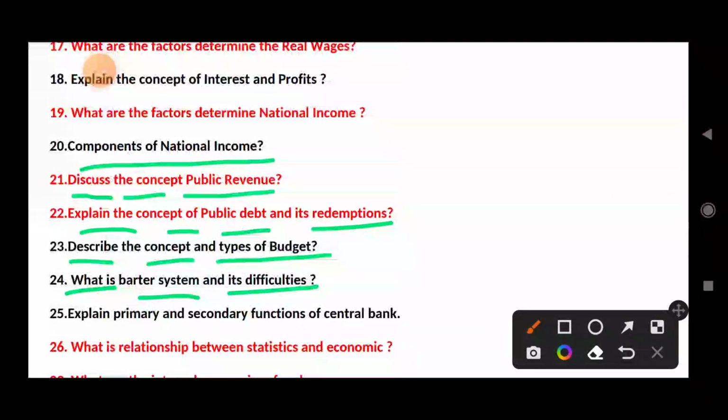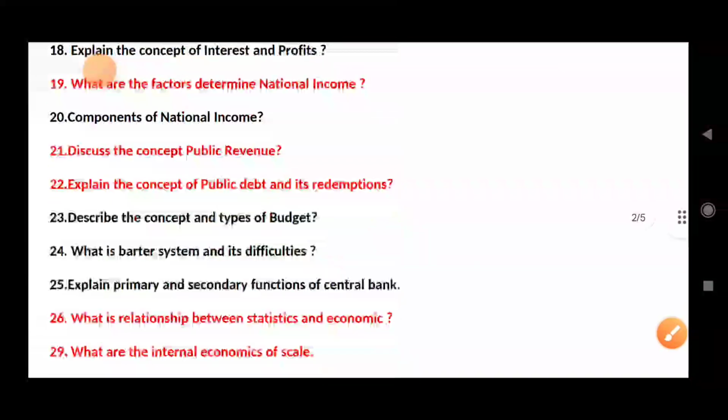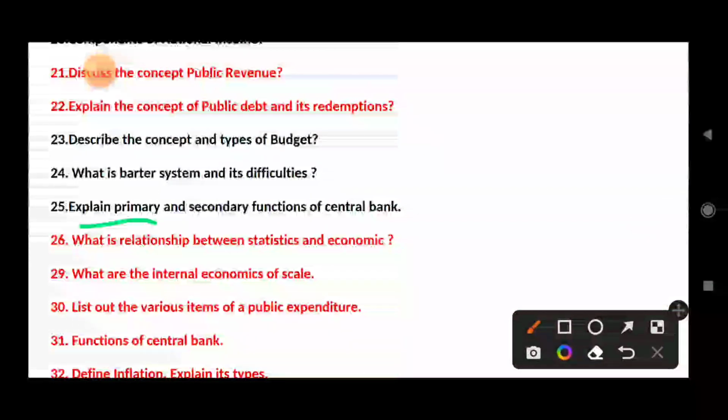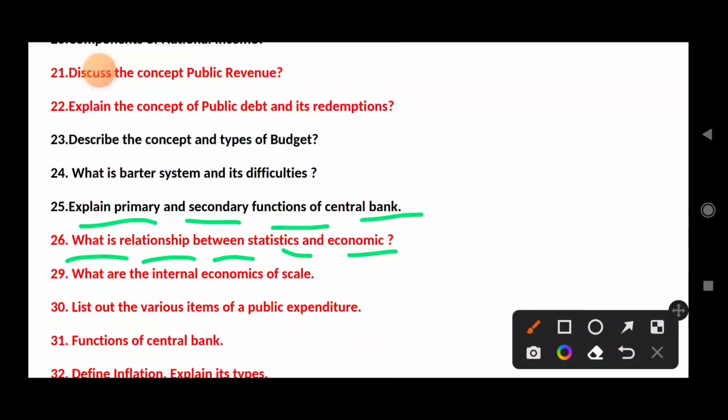What is barter system? Its difficulties, very rarely will be asked. Okay. Explain the primary and secondary functions of central bank, or what are the major functions of central bank, they may ask. What is the relationship between statistics and economics? What are the internal economies of scale?